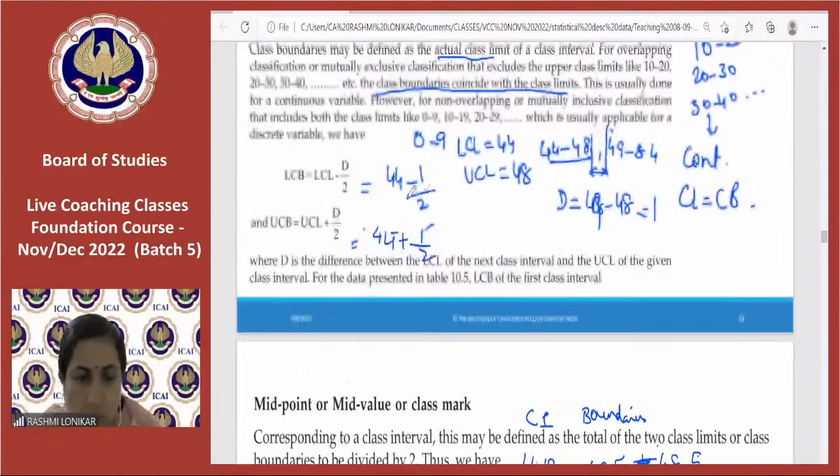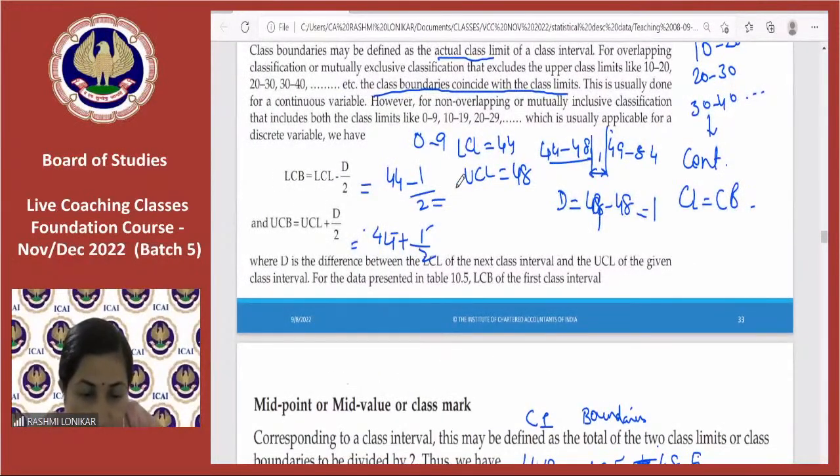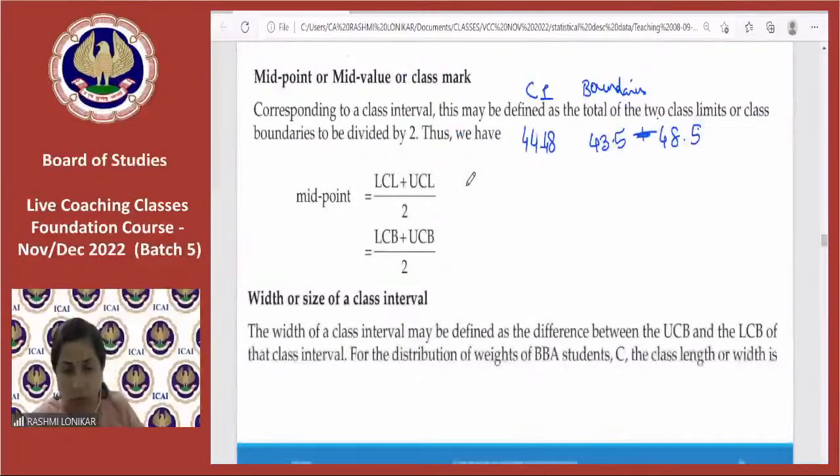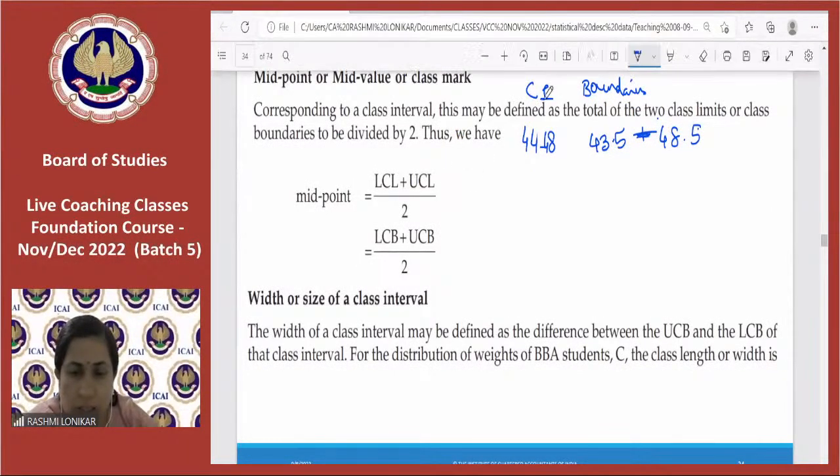Here 44 minus half is equal to 43.5. So these are the class intervals and these are the class boundaries.